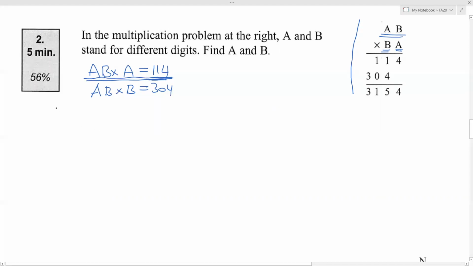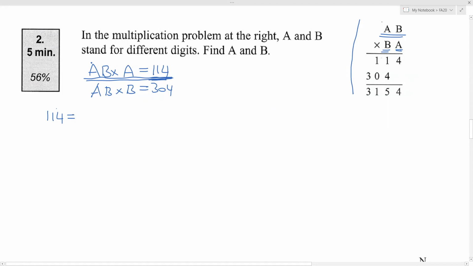My goal is to figure out, can I factorize 114 into a single digit number and a double digit number? There's also a relation between these two numbers: the single digit number is also at the tens place of the double digit number.